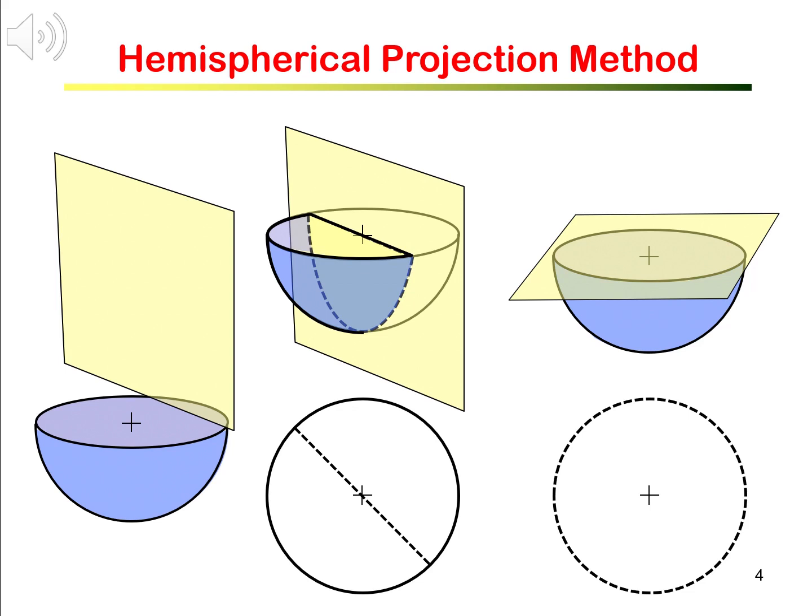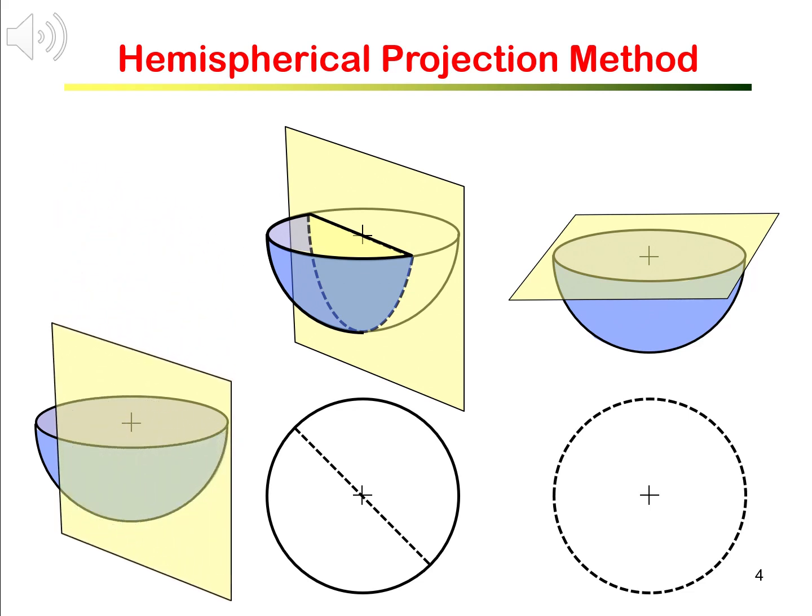If the vertical plane cuts through the hemisphere through the center, we will see from the diagram in the middle that the vertical plane will have a trace line on the hemisphere. The trace line is in fact a semicircle lying vertically right at the bottom of the sphere.